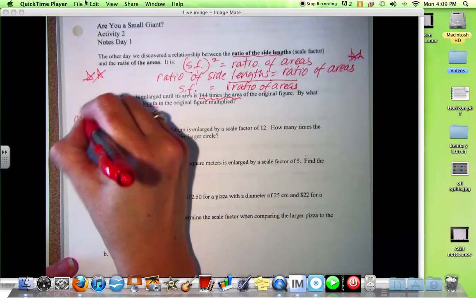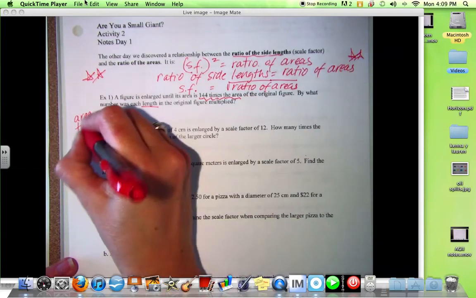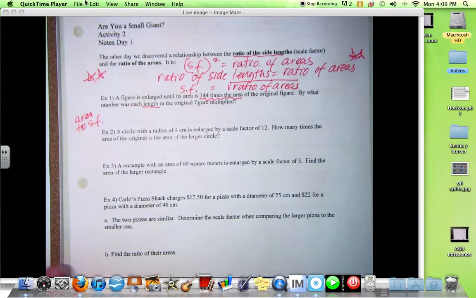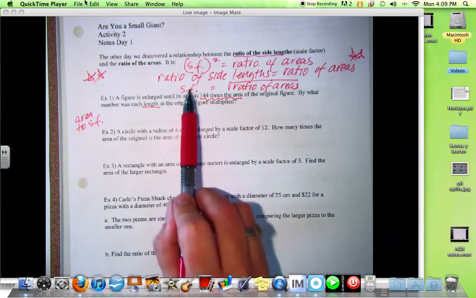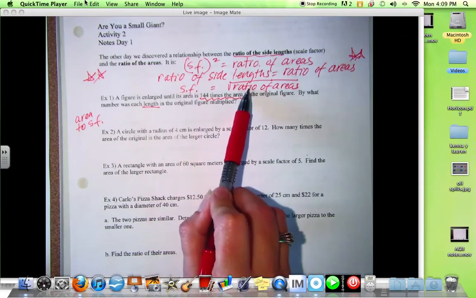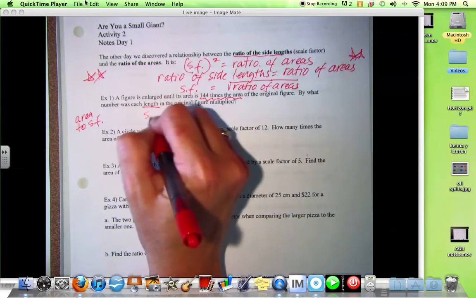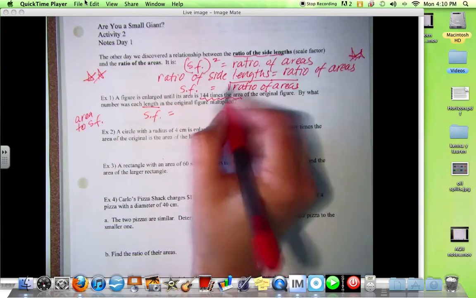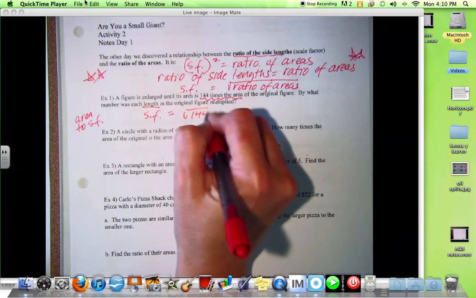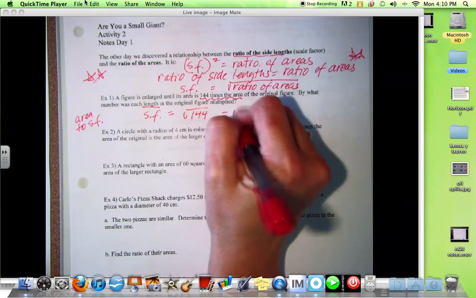So we need to take the area and change it to the scale factor. Area to scale factor. So we need to take the square root. So the scale factor would be equal to the square root of 144, which equals 12.